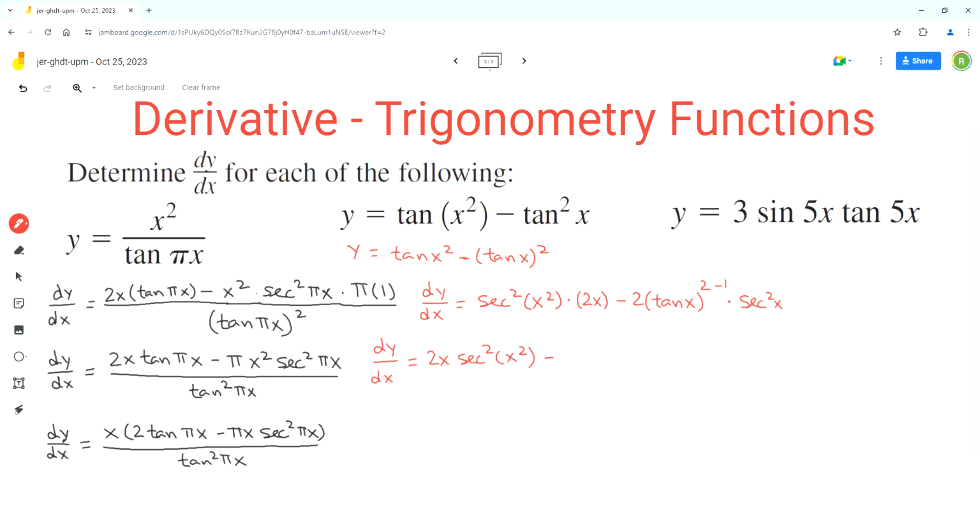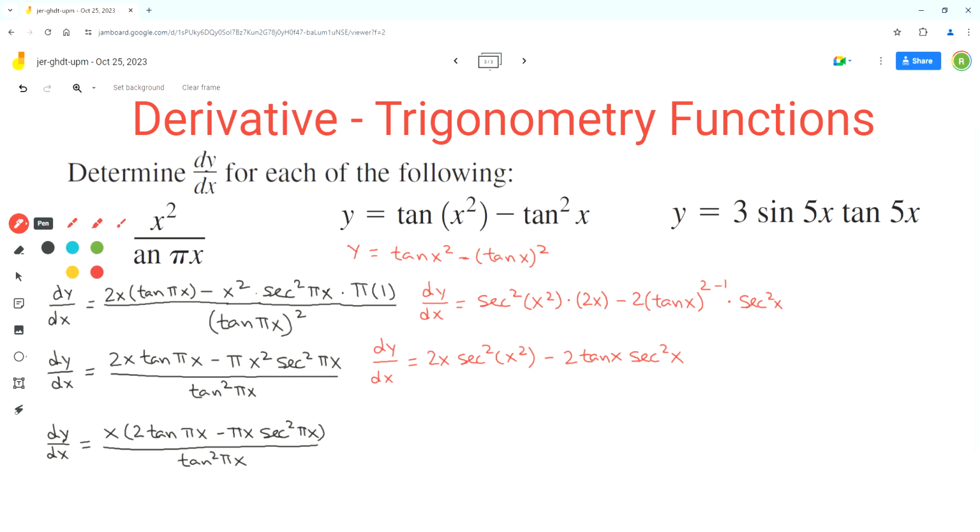And in the second part, in the exponent, 2 minus 1 is just 1, and we don't write 1 as an exponent, so we just get this. So this should be the final answer for the derivative of the second y equation.